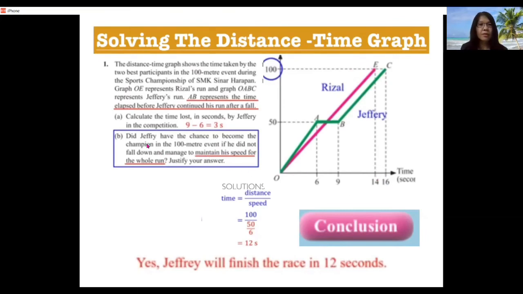So we have to complete the sentence: Jeffrey has the chance to become the champion in the 100-meter event if he did not fall down, with the speed of 50 over 6 meters per second. You must write the conclusion in a complete sentence. Understand? Any problem?